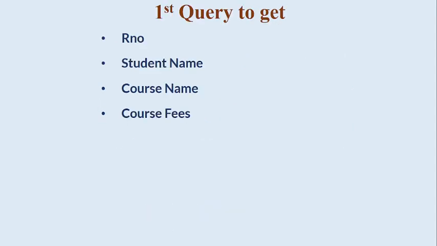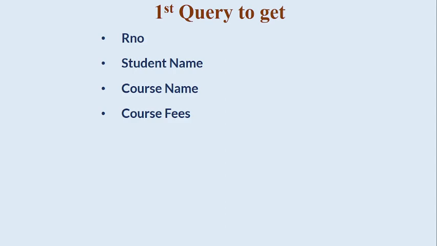Here, the first query which we can write is to fetch roll number, student name, course fees. Now here I am assuming that you know all the select queries, type of all the queries: simple query, joining table, nested query, aggregate functions, group by, order by, that everything you know.